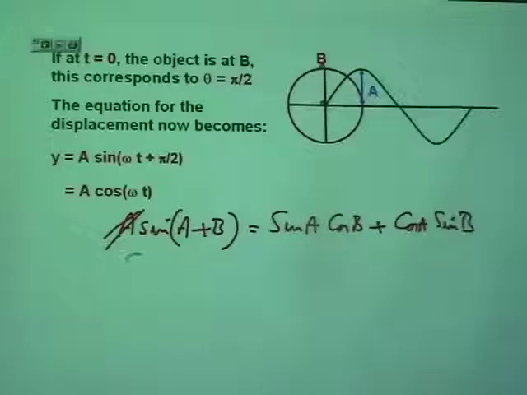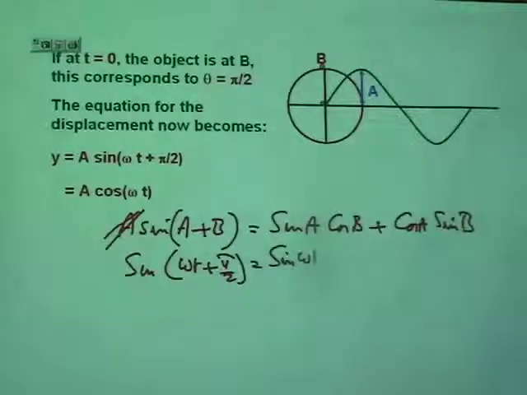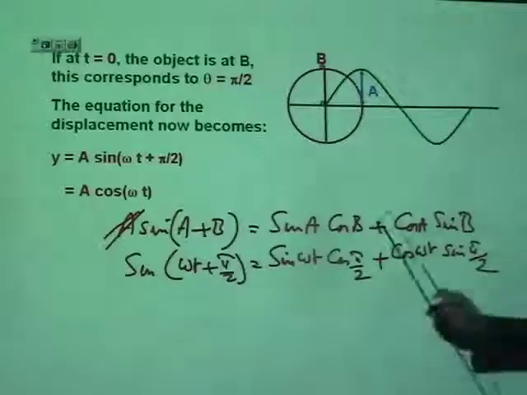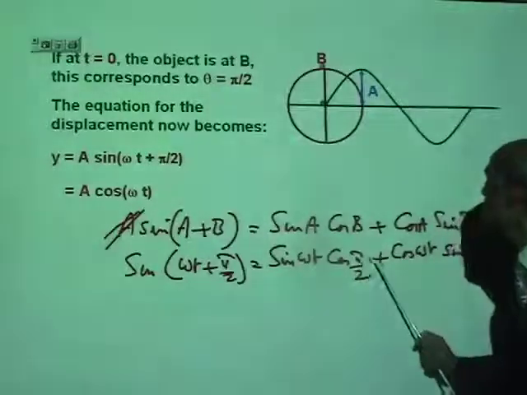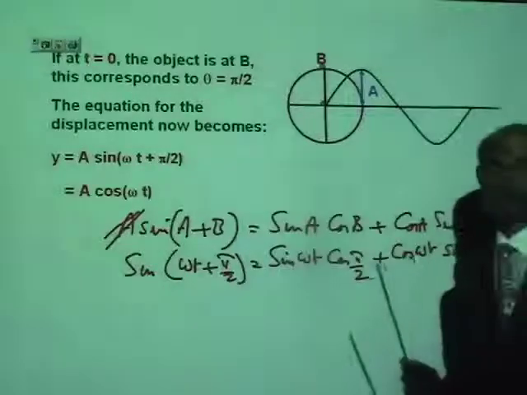That will be sine of omega t plus pi by 2 equal to sine of omega t cos of pi by 2 plus cos omega t sine pi by 2. All I did is replace A by omega t and B by pi by 2 to get this.